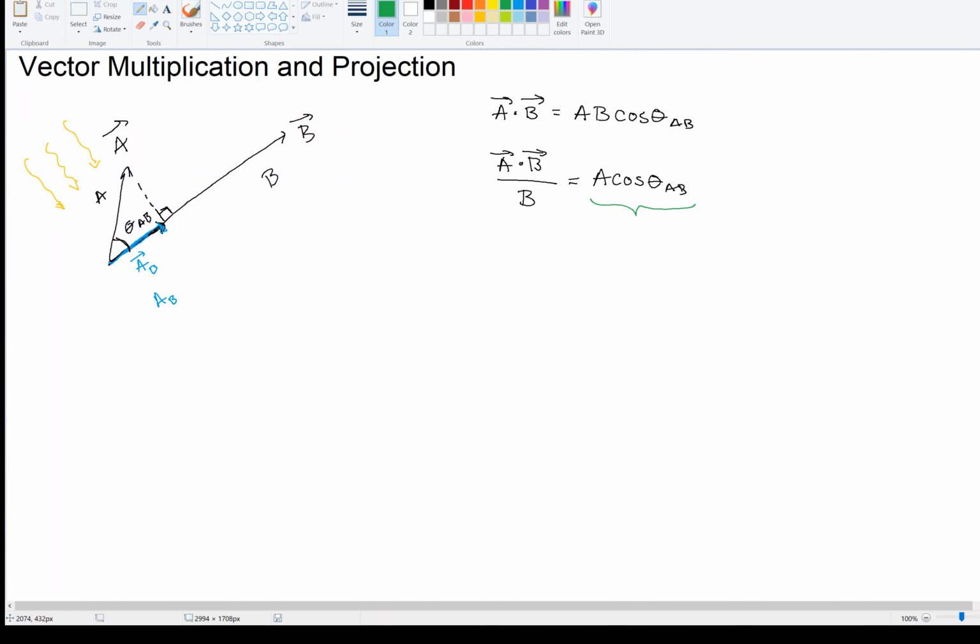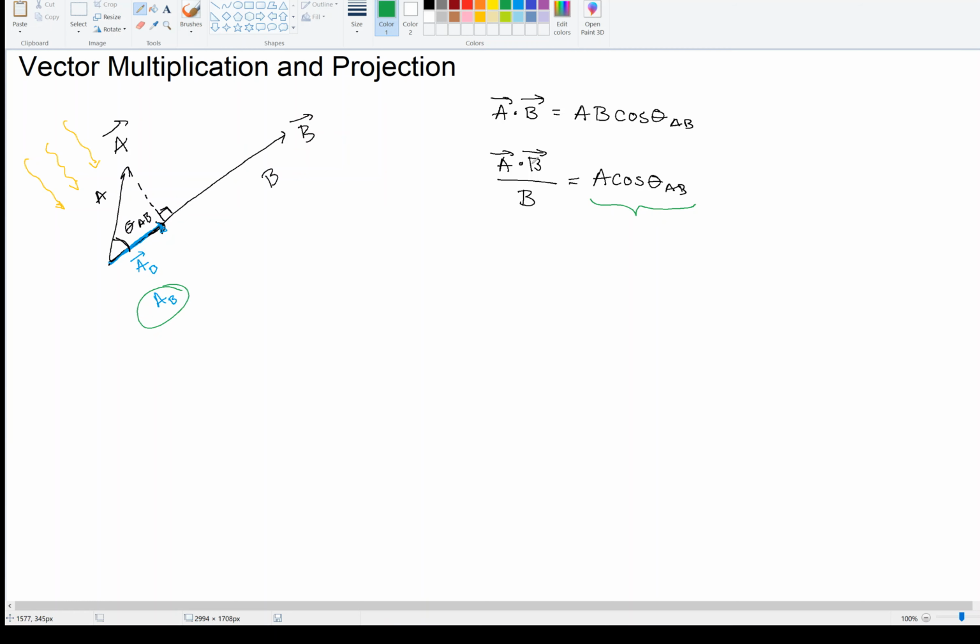Check out that right-hand side. A, which is the length of the hypotenuse, times the cosine of the angle. What is that? Well, think about trigonometry. Cosine is adjacent over hypotenuse. So that actually gives me the length that I want, right? That gives me A sub B, the scalar projection.